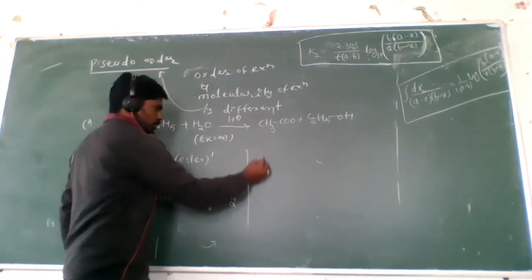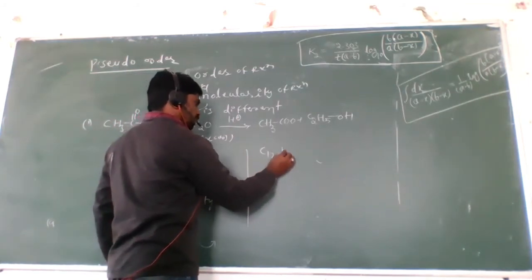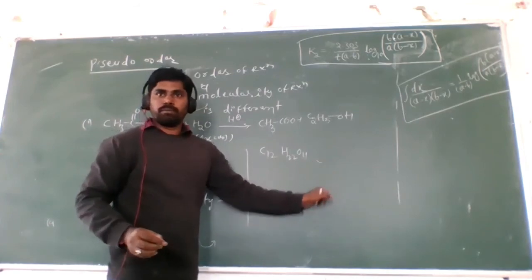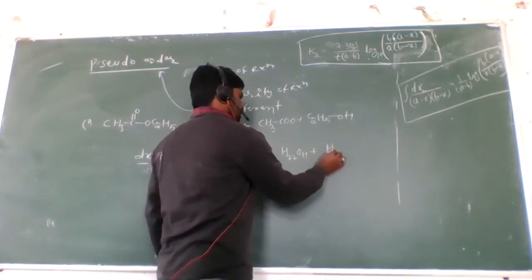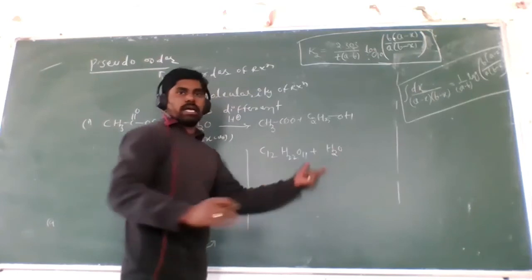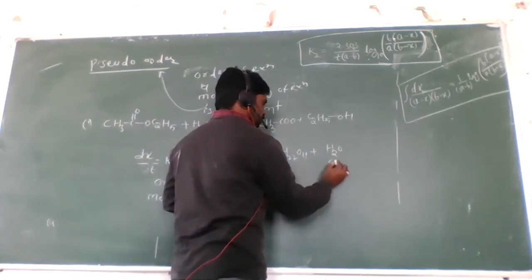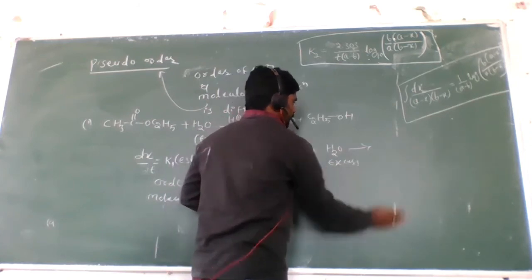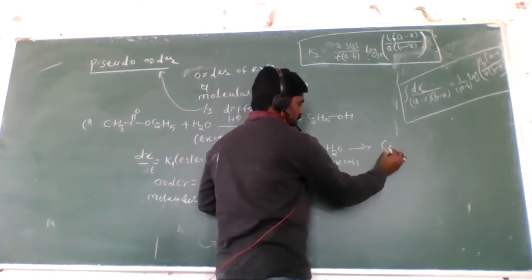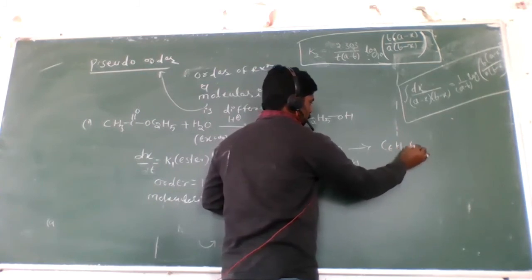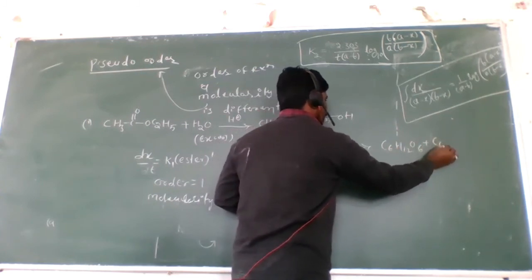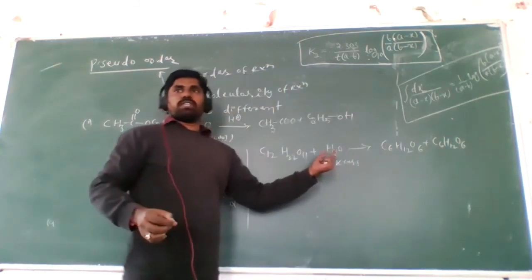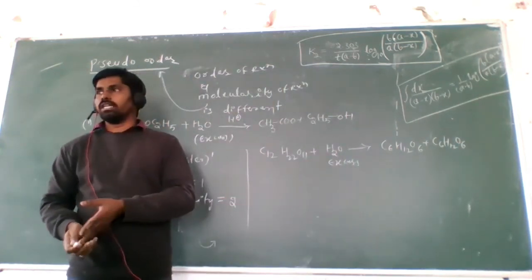Maybe I take sucrose. What is the sucrose formula? C12 H22 O11. This is sucrose. Right, here it is the same: it also undergoes hydrolysis, forming glucose. Water is the excess amount. Now what will we get here? Glucose, C6 H12 O6. How many moles do we get? 2 moles. Clear?